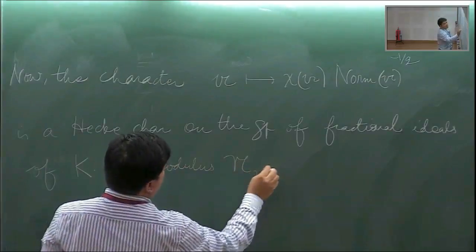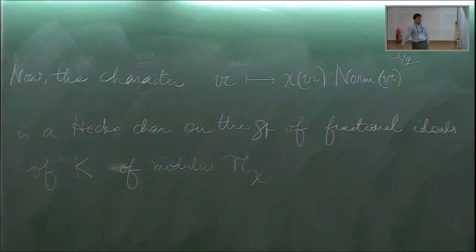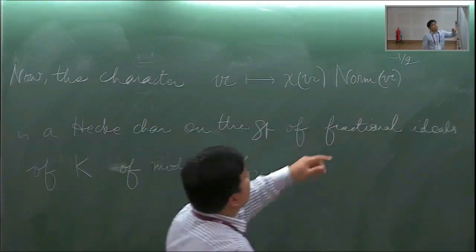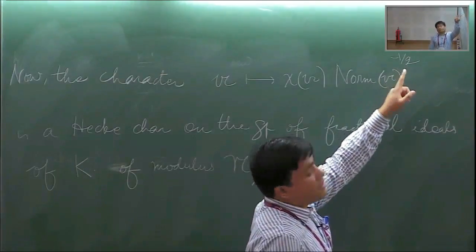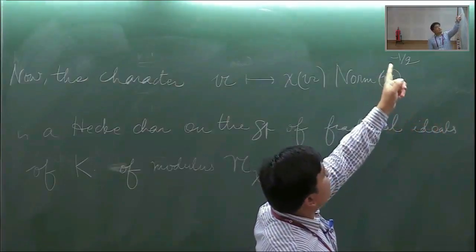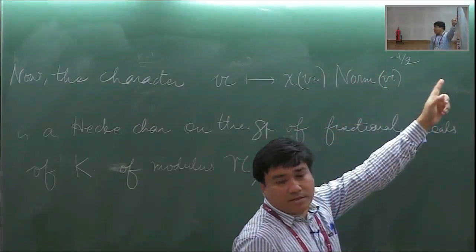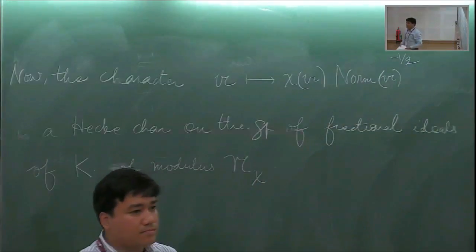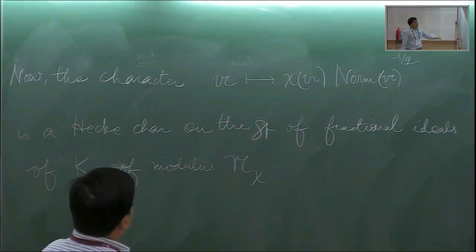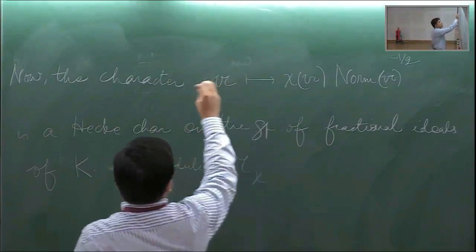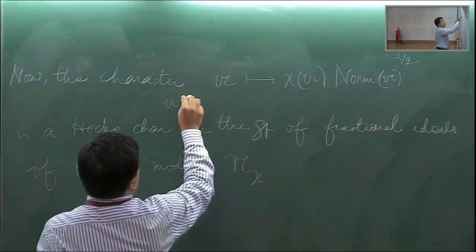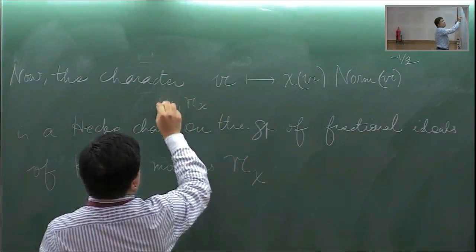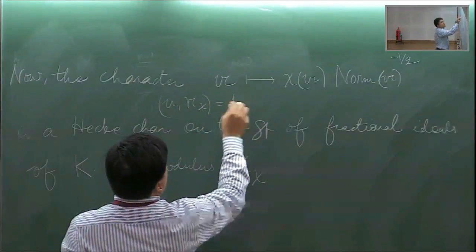If you remember, we can drop this, but modulus n chi. This power of minus half is not so serious. I can take something else here also, co-prime to n chi. Maybe I can just write it like this.